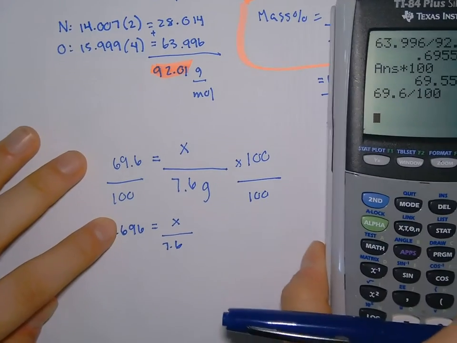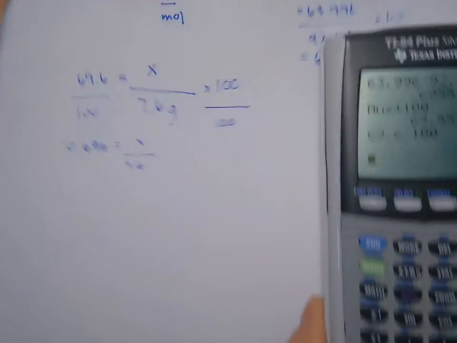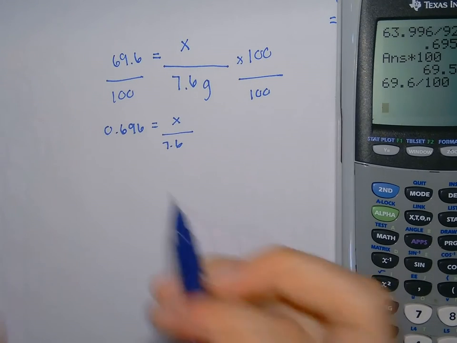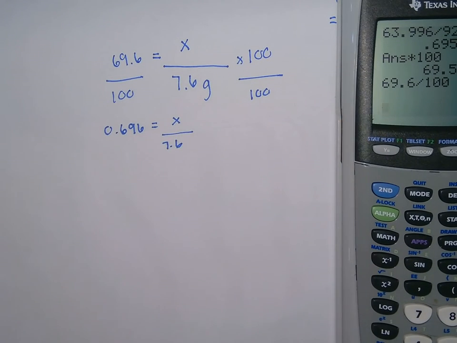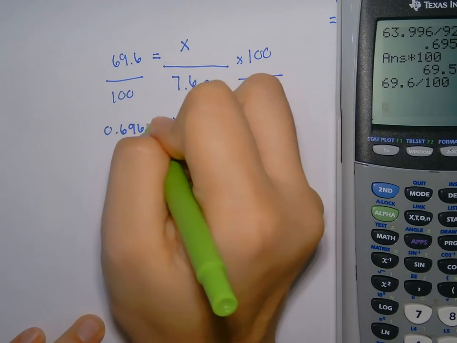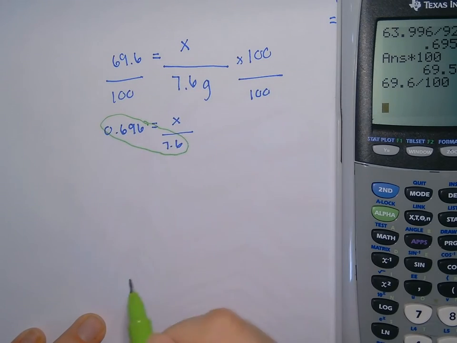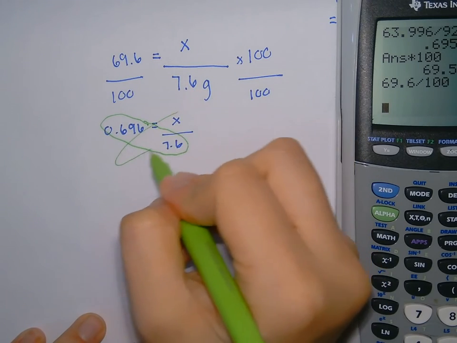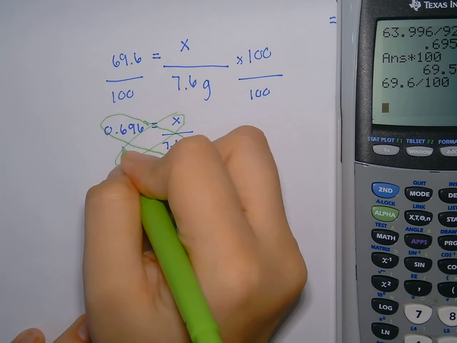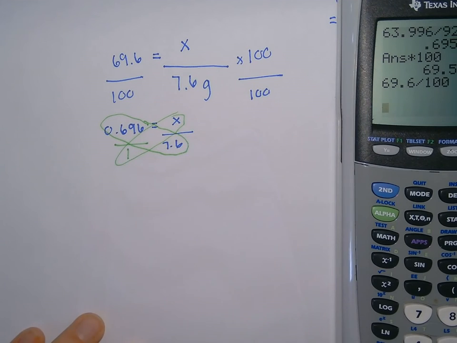Great, so now I can finally solve this equation because I'm going to do the little butterfly thing that you've seen me do before. I'm going to multiply these two together, and I'm going to multiply these two together. There's nothing over here, so I can say that this is over 1.